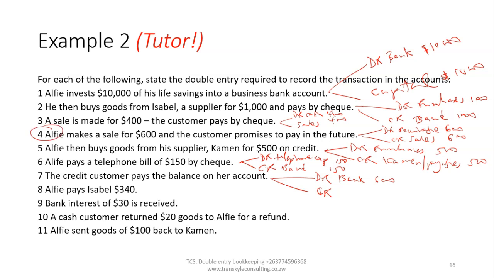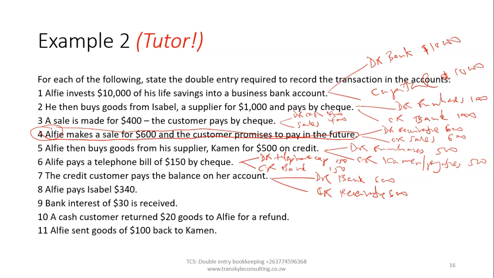This is the transaction we are referring to, where the customer said that they are going to pay in the near future. So that's the credit customer we are talking about, right? And then I credit this customer the receivable, because they've paid up.